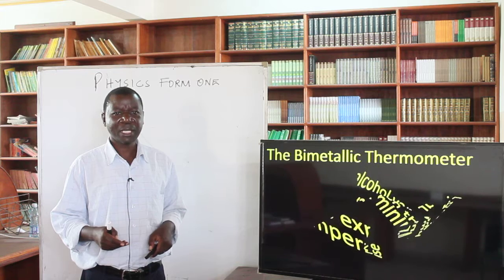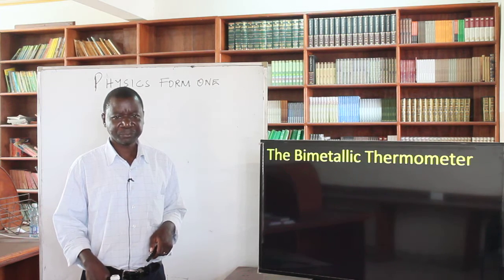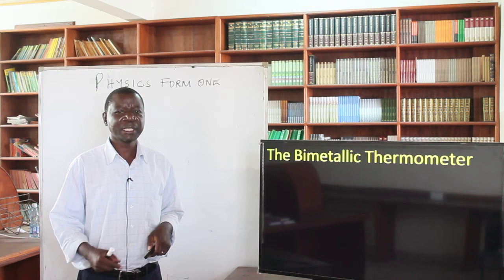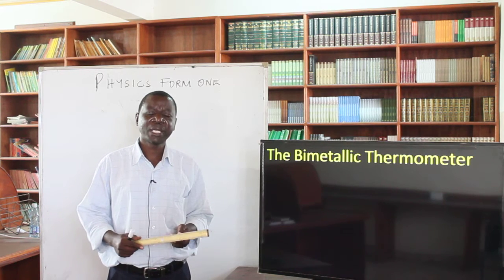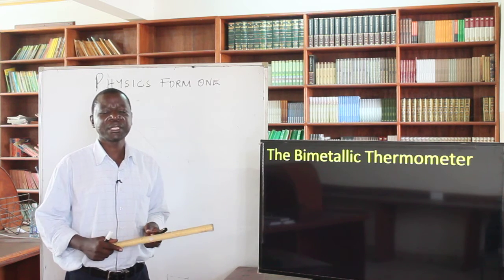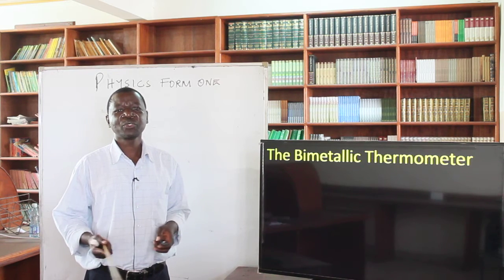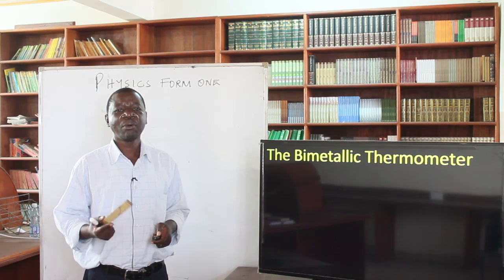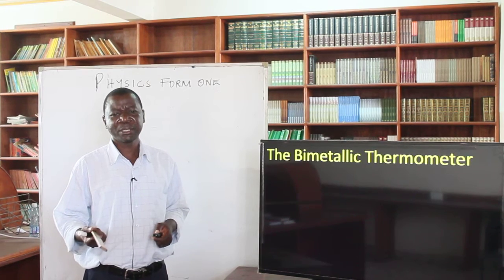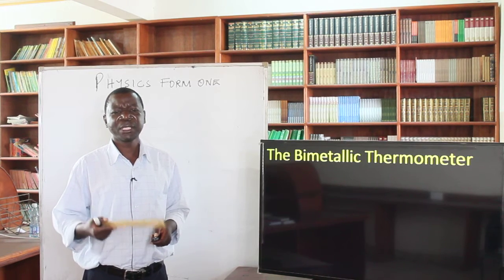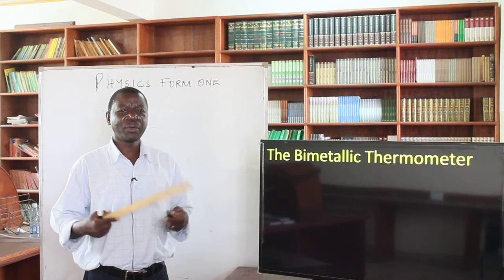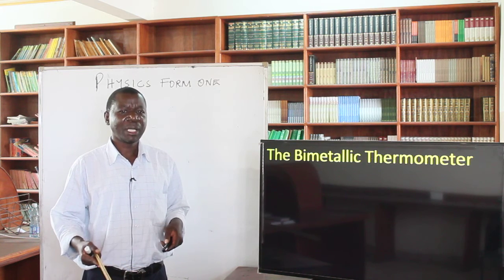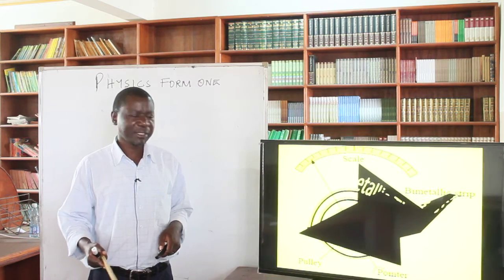So we want to look at another type of thermometer, the bimetallic thermometer. This thermometer is not one of those liquid in glass thermometers, but it also uses thermal expansion to function. A bimetallic thermometer looks like this.